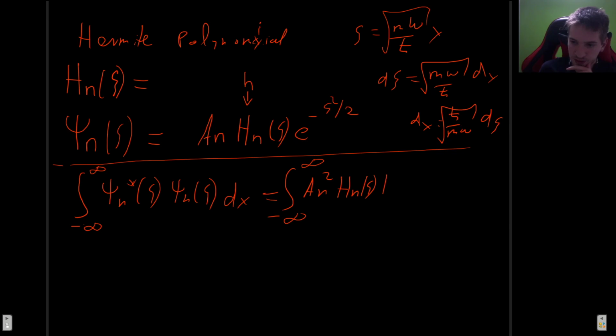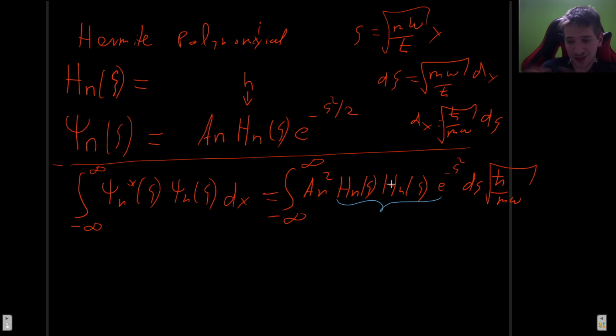Hermite polynomial times the Hermite polynomial times e to the minus psi squared dpsi, and well, there's still this right here lingering around, right? Okay, and this is where the problem comes, like, how do you integrate this, right? Because these Hermite polynomials depend on n, and it's super complicated. And what do you do there?